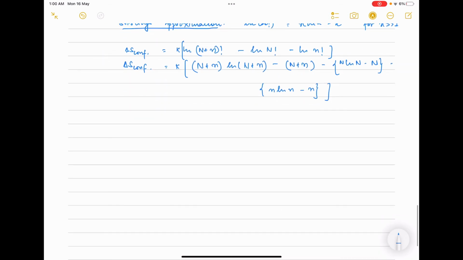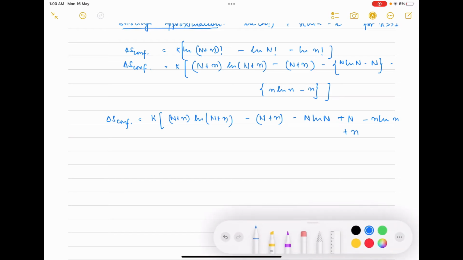Okay, so now opening up the brackets, we get delta S configurational is equal to k times (N plus n) ln (N plus n) minus N minus n minus N ln N plus N minus n ln n plus n.